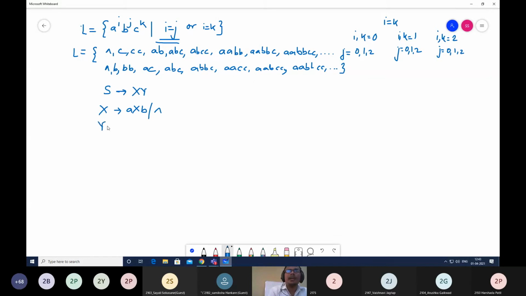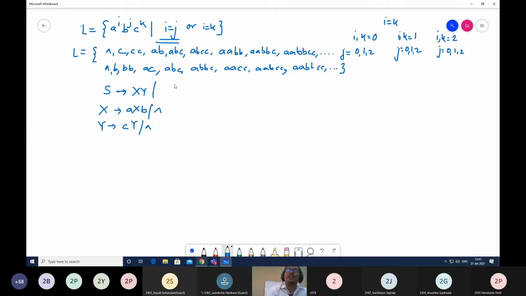Whereas what will be my Y? It will be any number of C's. So we have seen this in the last lecture, right? In this we will get i is equal to j. Now we have one more part for which we are writing the grammar today, that is i is equal to k.